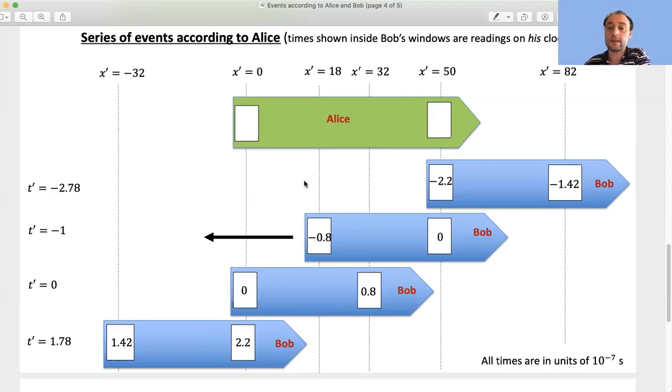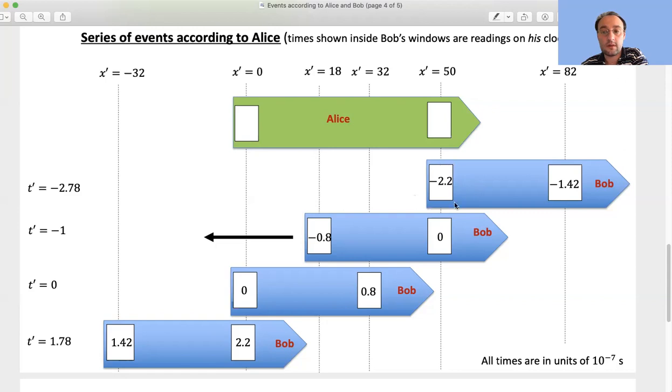Again, we can fill in all these numbers, and we can use Lorentz transformations to fill in the values of times in Bob's clocks, and these all agree, right? In other words, these two pictures must agree. So let's look, for example, at t prime equals minus 2.78.